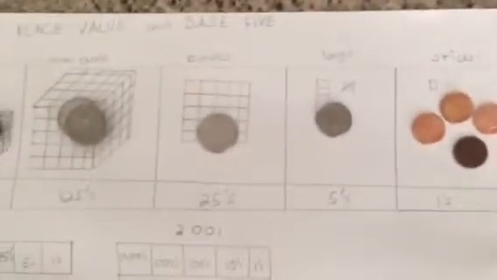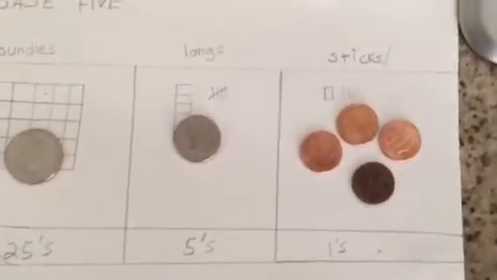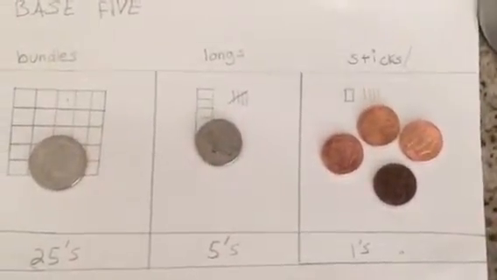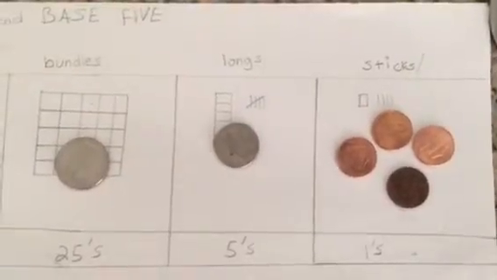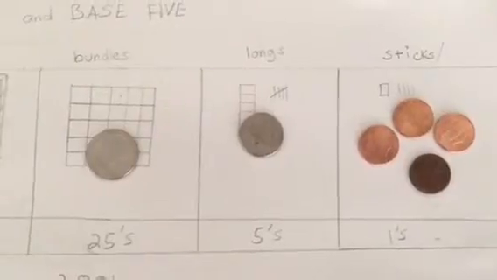In the base 5 value system, you will never have more than 4 ones in the ones place. I like to think of it in pennies, nickels, and quarters.